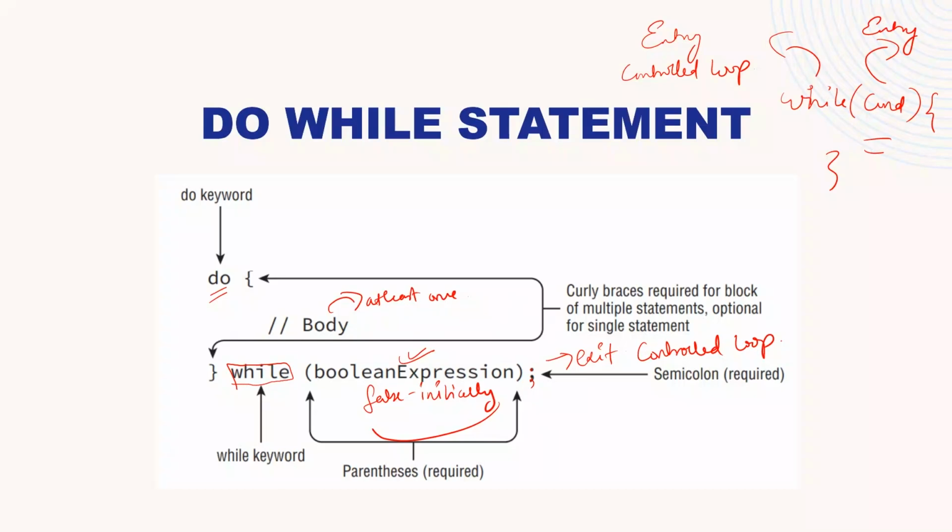Even though the condition is false, we still executed the body once. But that is not the case with the entry controlled while loop. We first check the condition, and if it is false, we do not go inside the loop at all. That is the difference between the while and the do while loop.